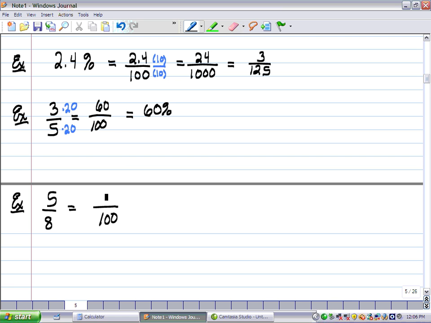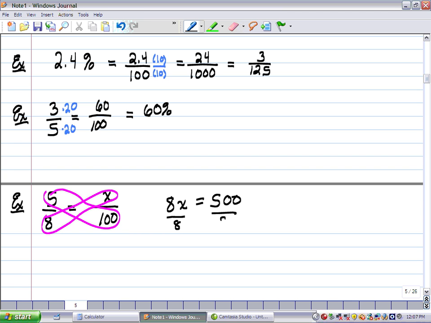So I can say I don't know what goes up here, so I'm going to put a variable, x. And this is the kind of proportion we can cross multiply. Students seem to love cross multiplying. I guess because it's easy. So I end up with 8x equals 5 times 100, which is 500.